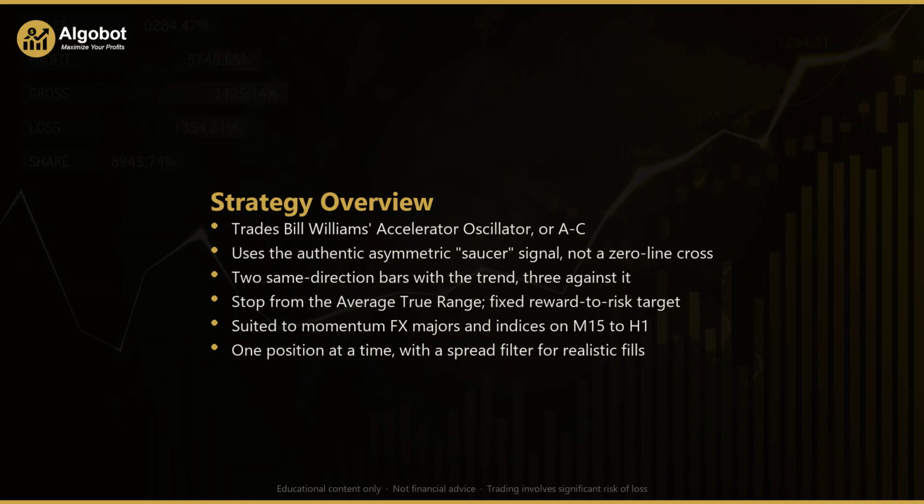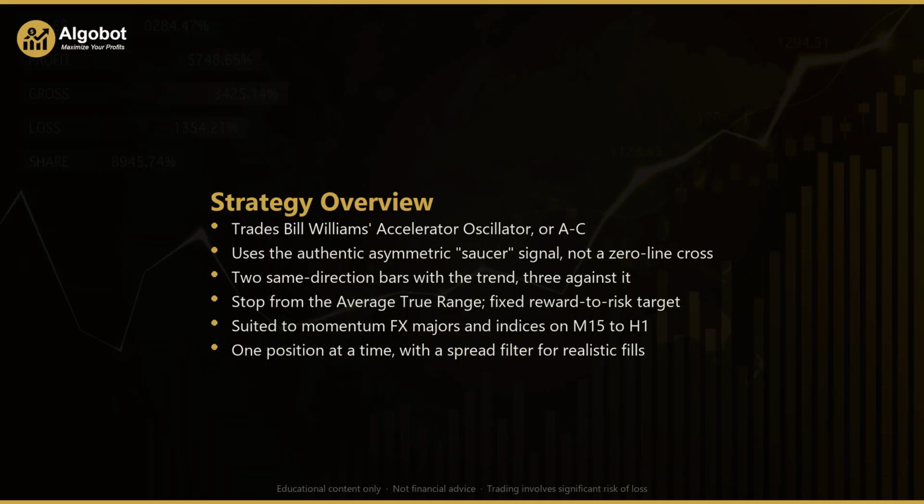This strategy does not simply wait for the accelerator to cross the zero line. Instead, it looks for the classic saucer pattern, a small curved sequence of bars that signals a fresh burst of acceleration. The rule is deliberately asymmetric. When acceleration is already on the side of the trade, the strategy asks for only 2 bars of confirmation. When acceleration is still working against the trade, it asks for 3 bars, a deeper saucer that filters out noise before committing early.